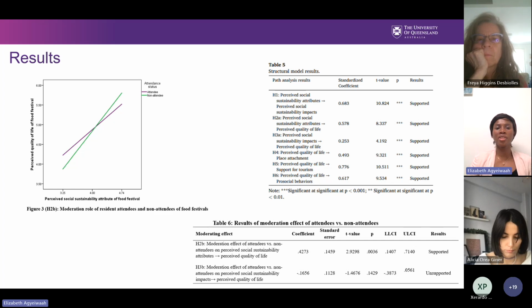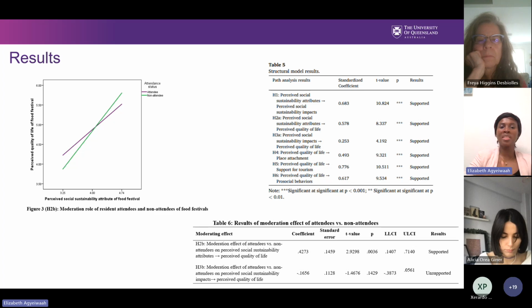And then the third stage was to look into the path analysis and find out whether the perceived social sustainability attributes of the event will impact the social sustainability impact. And we found that yes, the sort of attributes that residents perceived socially impacted how they rated the events in terms of its impact.